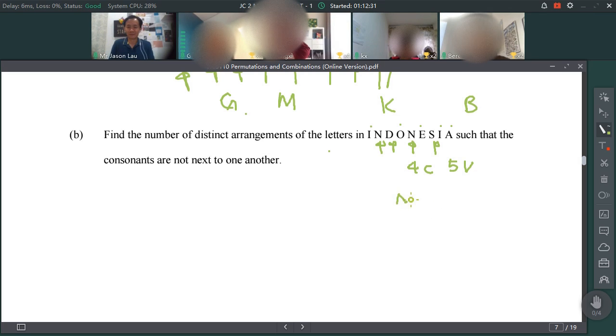But then like I still have to do grouping, right? Then I arrange the 5 vowels first. So it's 5 factorial. Okay, good. So it's a non-restricted party. Yeah. Then times 3 factorial.